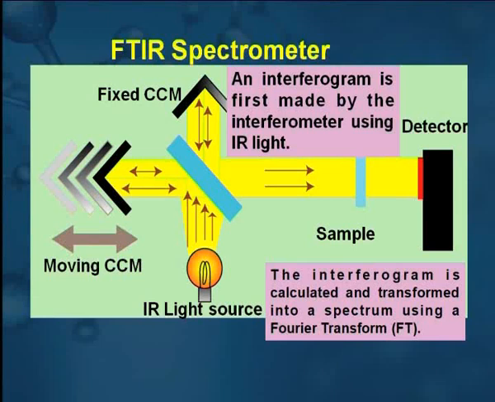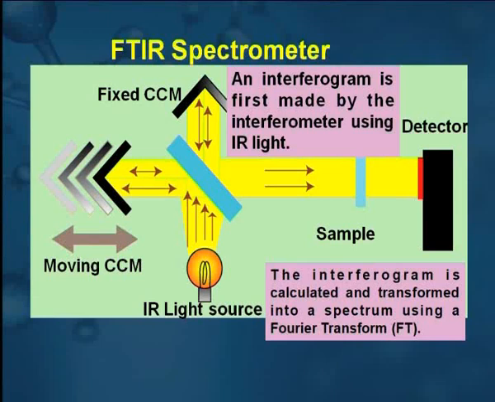An interferogram we will get that passes to the detector to get the IR spectrum. The interferogram is used to calculate and transform the values into the form of a spectrum by using the Fourier transform.